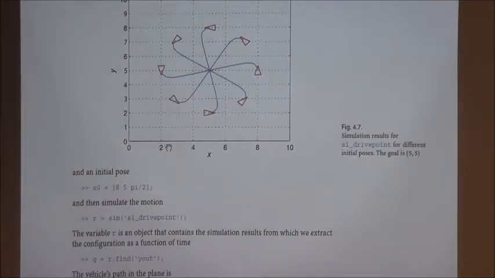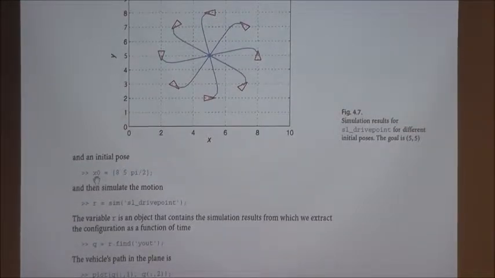Now to go back to that problem, you have your initial pose 8, 5, and pi over 2, which is this angle, 90 degrees. And then simulate the motion. R equal to sim quote unquote model, in this case S1 underscore derived point. The variable R is an object that contains the simulated result from which we extract the configuration as a function of time.